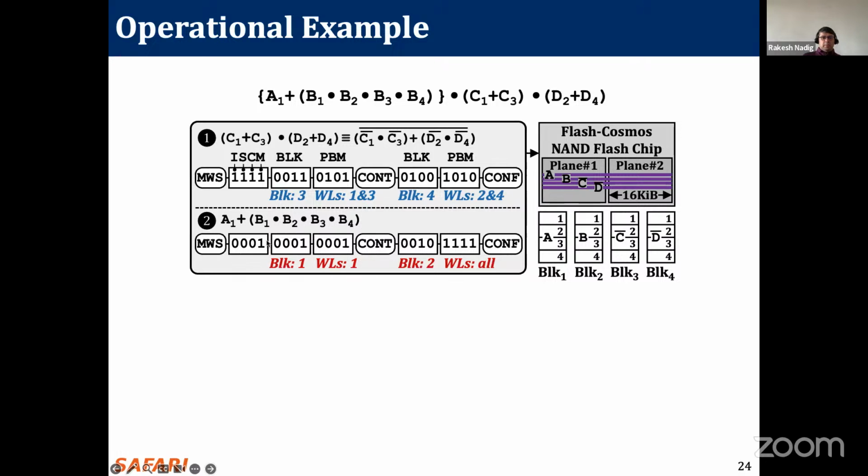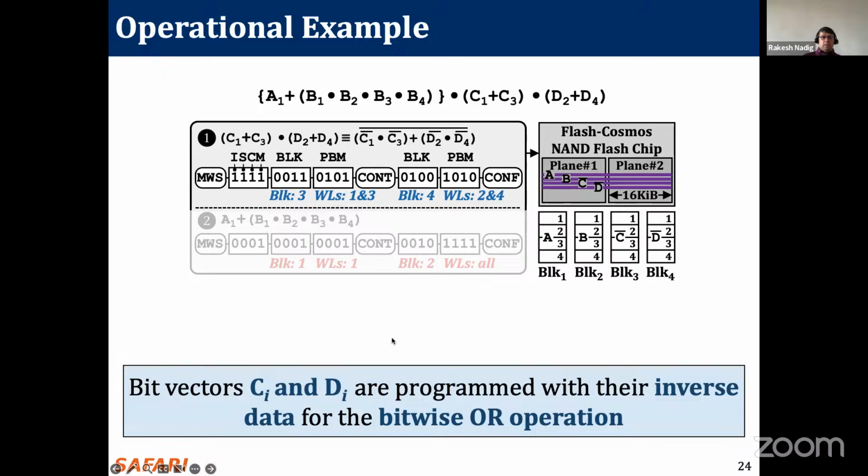If you look at the ISCM command, we see that inverse mode is not enabled, and we also don't enable the initialization of the cache and sensing latch, because they already have the partial output from the first step of the operation. And then we also perform the data copy here to move the data to the cache latch. So this is how we structure the bitwise operation in Flash Cosmos.